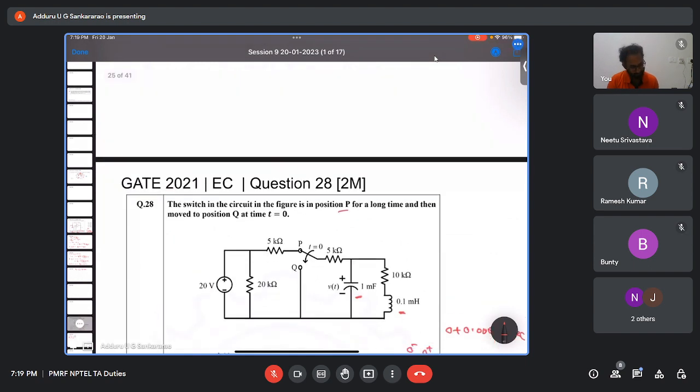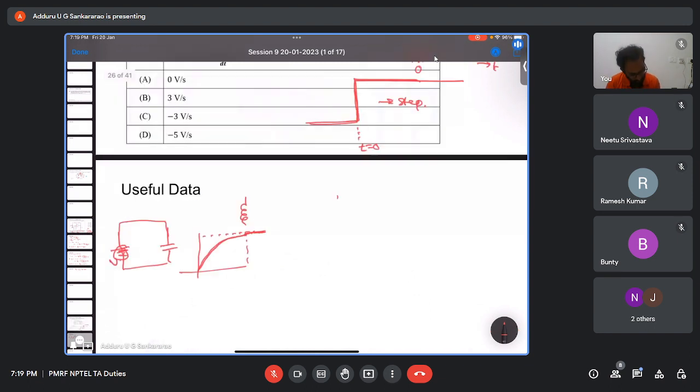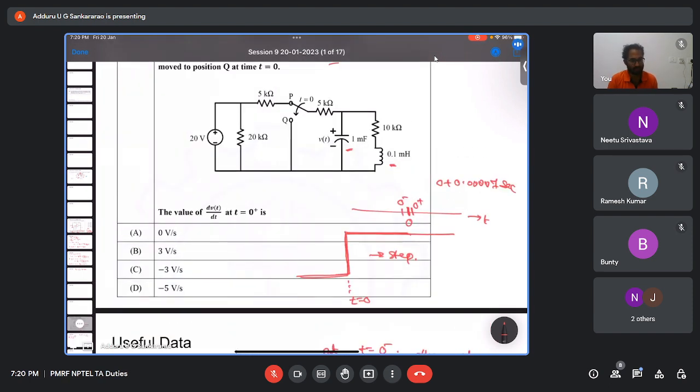Now here if you see, the switch was connected to P for a long time, and now at t equal to 0 the switching action is taking place. That means at t equal to 0 minus, the network is in steady state. That means the capacitor is fully charged, and the capacitor is an open circuit, that you know, right?